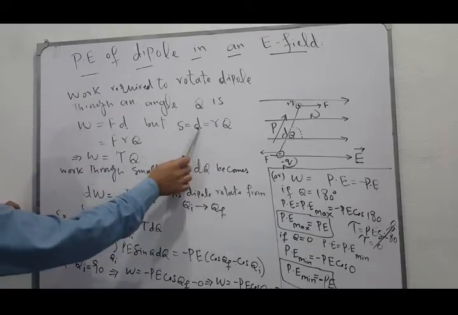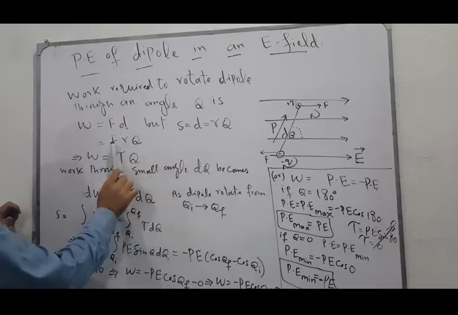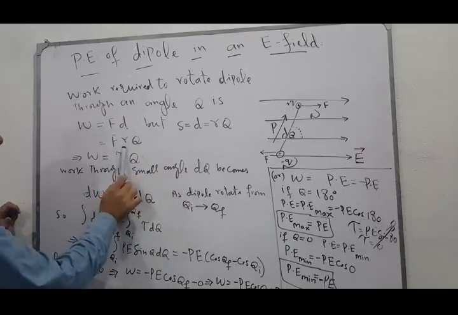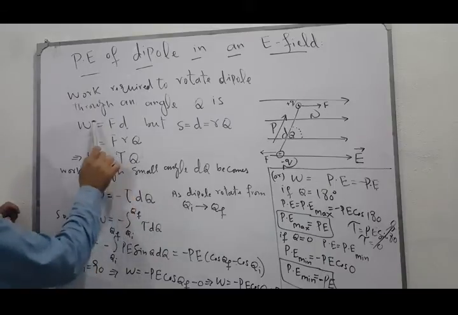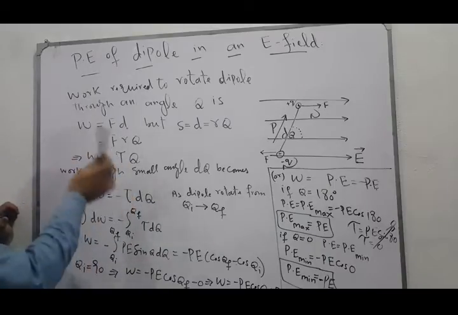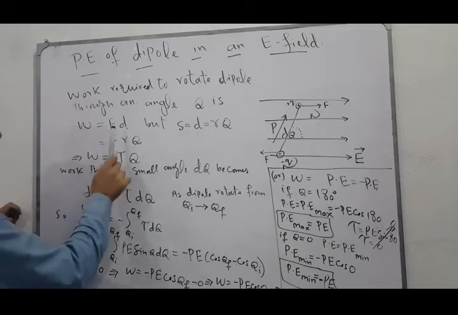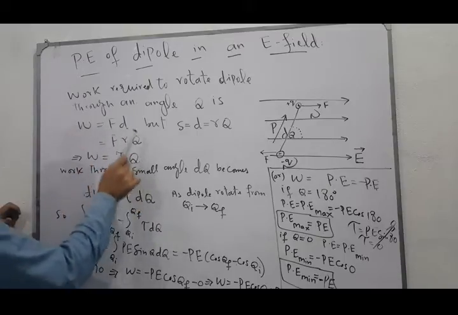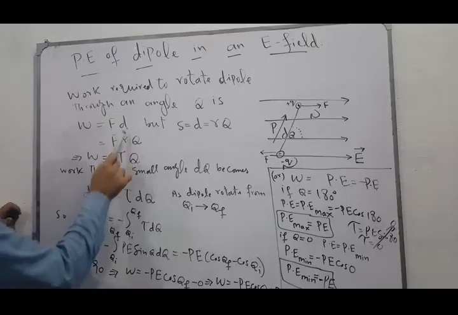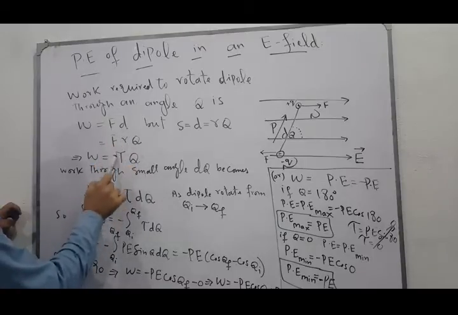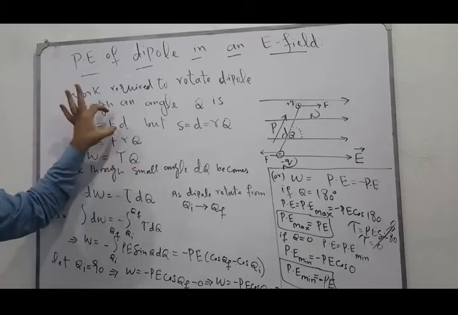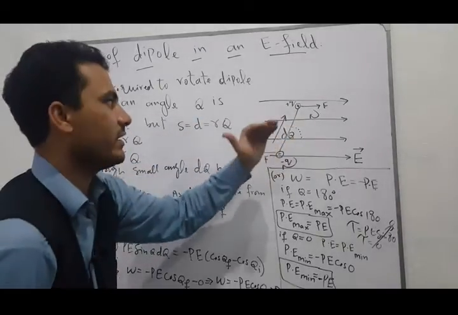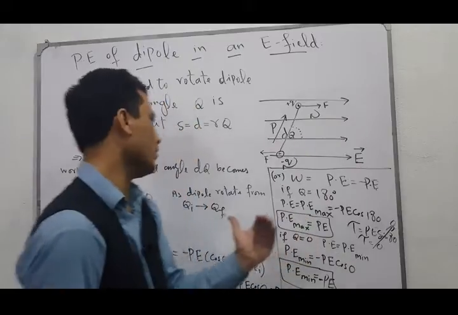So by replacing d by r theta, we know that Fr is equal to torque. So W is equal to torque times theta. Now this equation and this equation are equal, but the only difference is theta is the angular counterpart of this linear displacement and torque is the angular analog of this force. So this equation is more useful than this in this case because a rotational effect is involved.